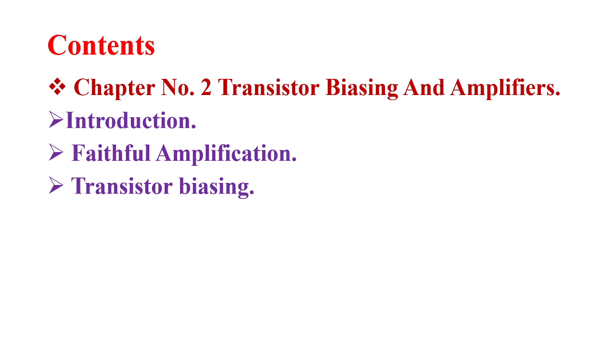Also, we know it may either have an N-type semiconductor sandwiched between two P-type semiconductors, or a P-type semiconductor sandwiched between two N-type semiconductors. The former is called a PNP transistor while the latter is called an NPN transistor. In either case, the middle section is thin and has a lower concentration of carriers.